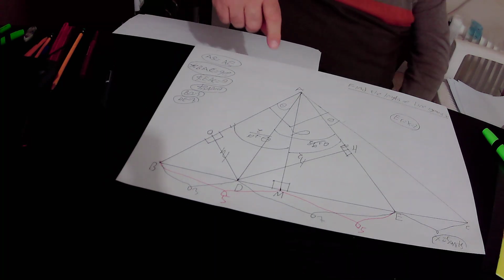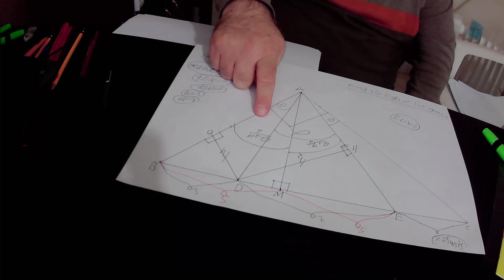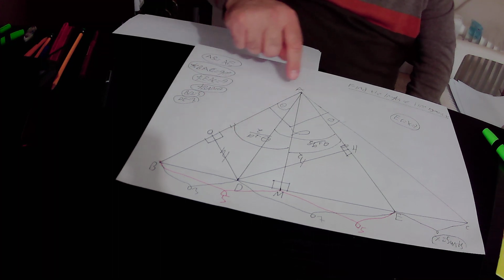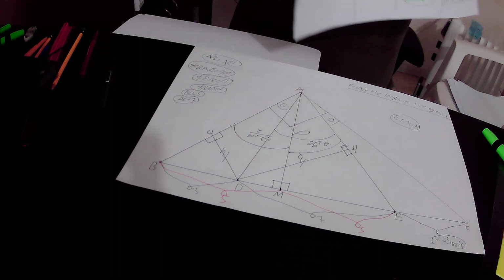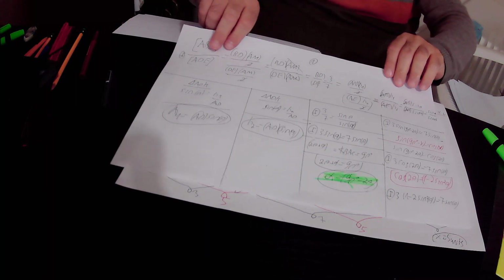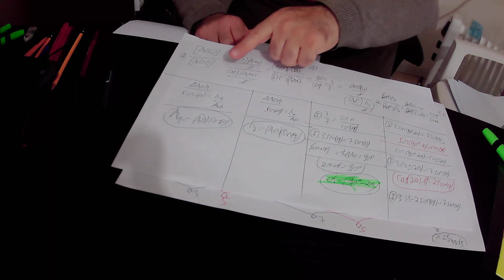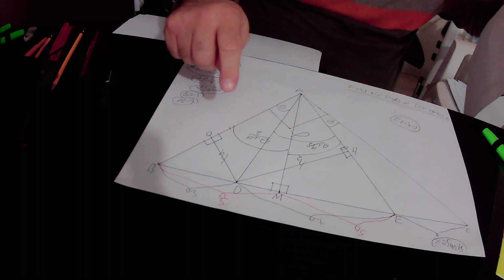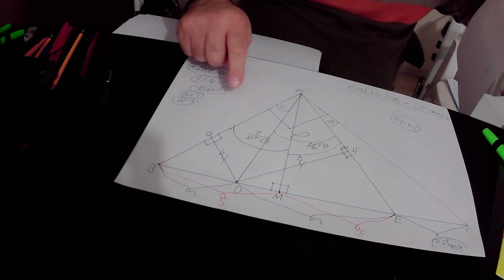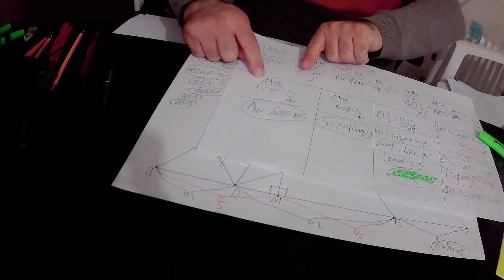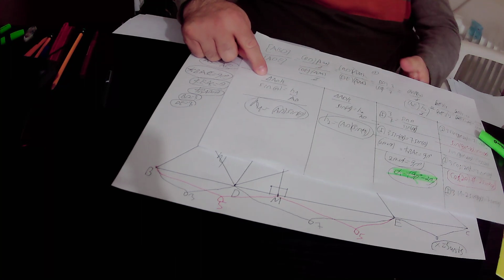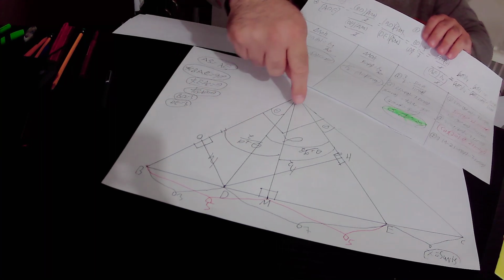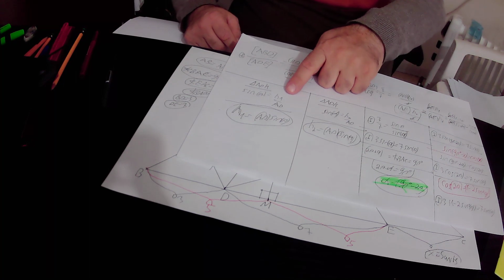Here, in the right triangle AOD, sine theta will be equal to H1 over AD. In the right triangle AOD, sine theta equals H1 over AD.